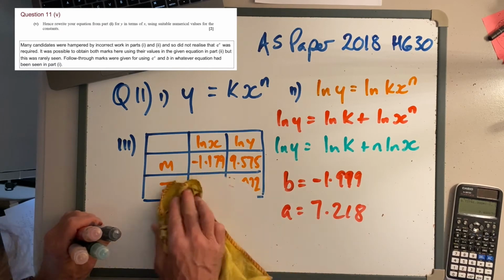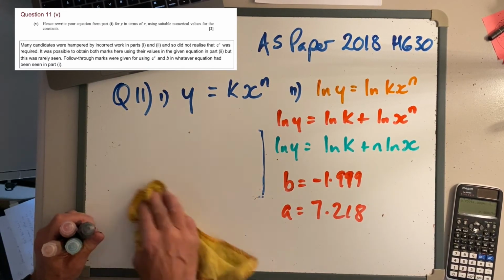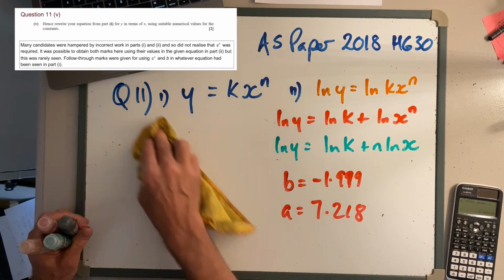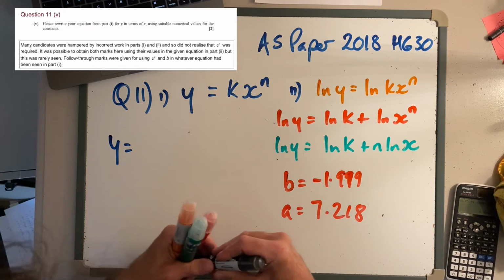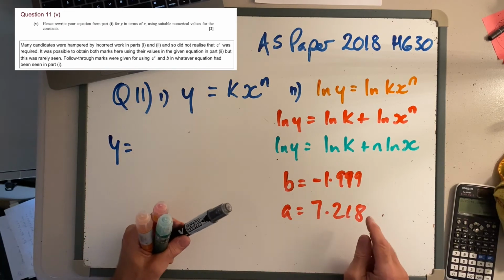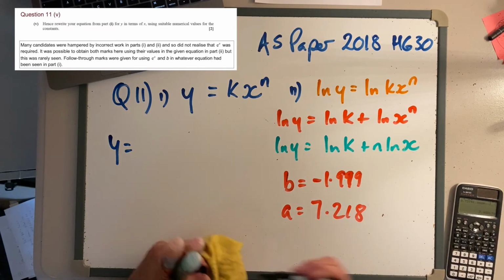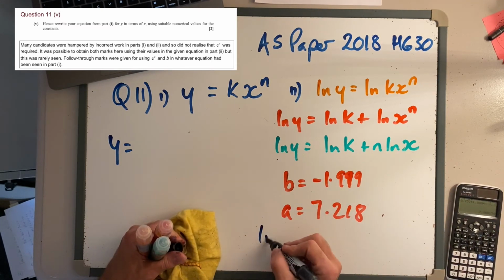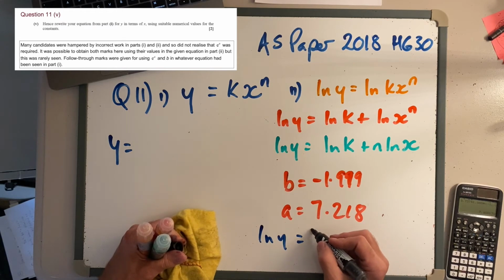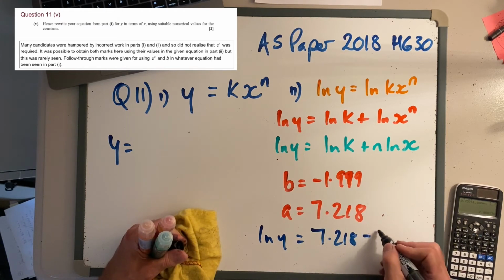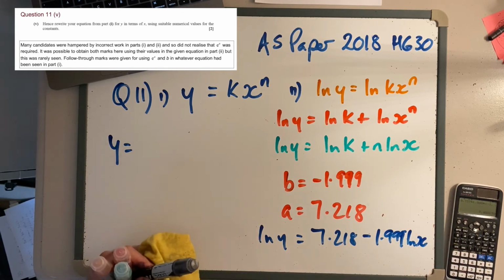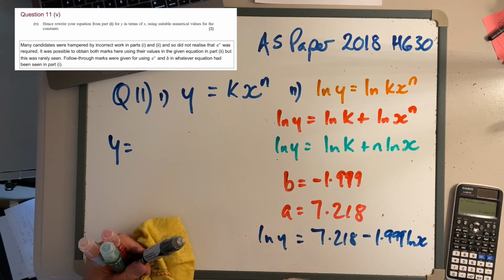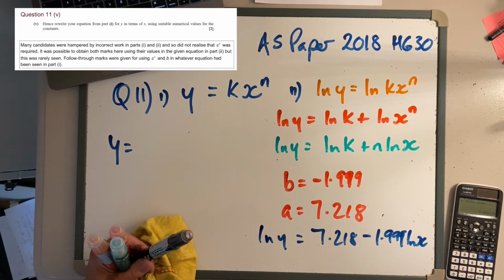Okay. So I need to rewrite this equation now. Okay, so y equals, now in order to do this, I've got to go backwards. So let's just say ln y equaled 7.218 minus 1.999 ln x. So I do the exponential functions of these in order to get back onto it all. So I need to find k, and I know what ln k equals.